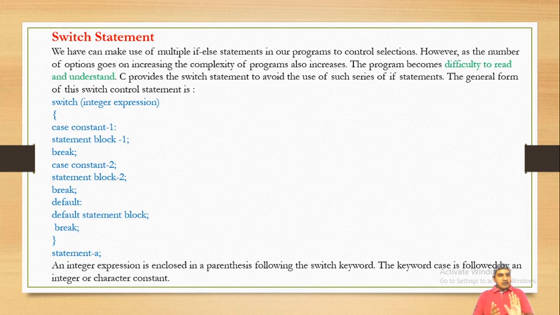So if switch integer expression is 1, statement block 1 is executed. Then there is a break, so that the execution of the program jumps out of the loop and statement A is executed.